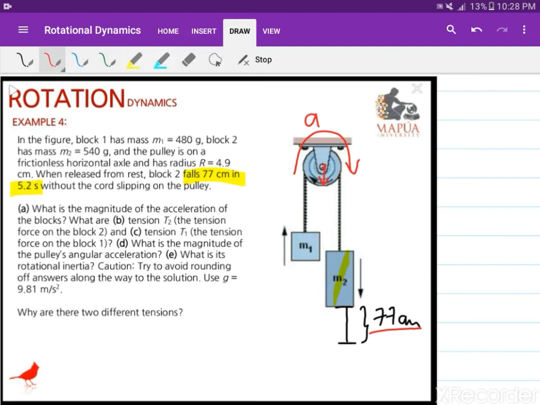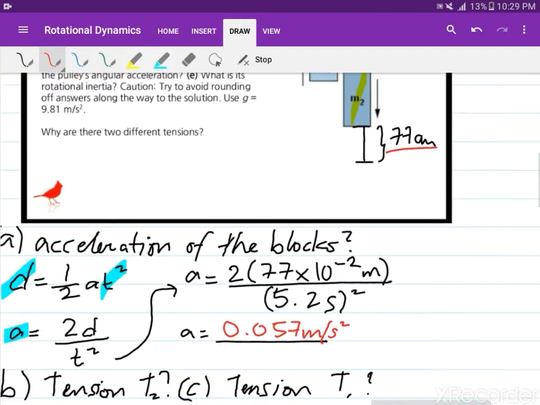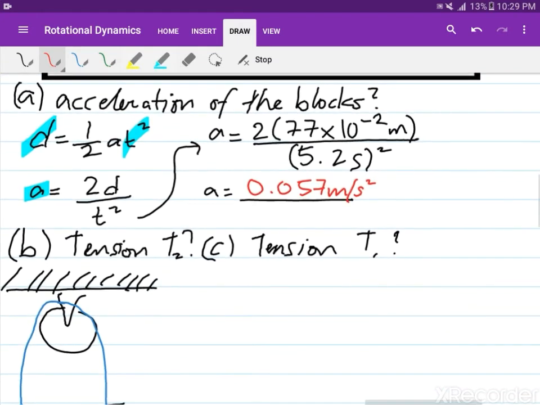Okay, so for letter B, we want to solve the tension T2 here. And for letter C, the tension T1. So letter B and letter C, tension T2 and tension T1.